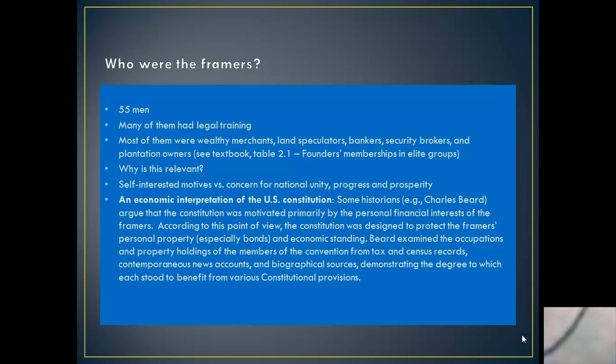Who were the framers? Older textbooks often describe them as this group of wise, older men sitting in smoke-filled rooms making important decisions. Yes, there were 55 men. Most of them had legal training. Most of them were wealthy merchants, land speculators, bankers, security brokers, and plantation owners.